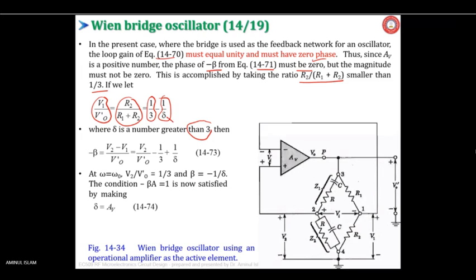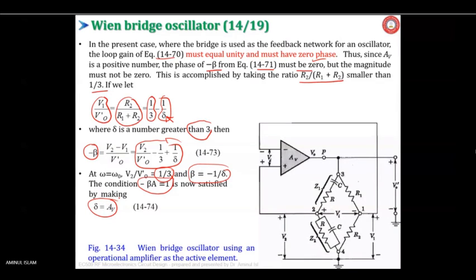If this is greater than 3, then only it is possible, and hence minus beta can be written as this. At omega equals omega 0, V2 by VO prime is 1/3 and beta equals minus 1 upon delta, and the condition minus beta A equals 1 is now satisfied by making delta equal to A.